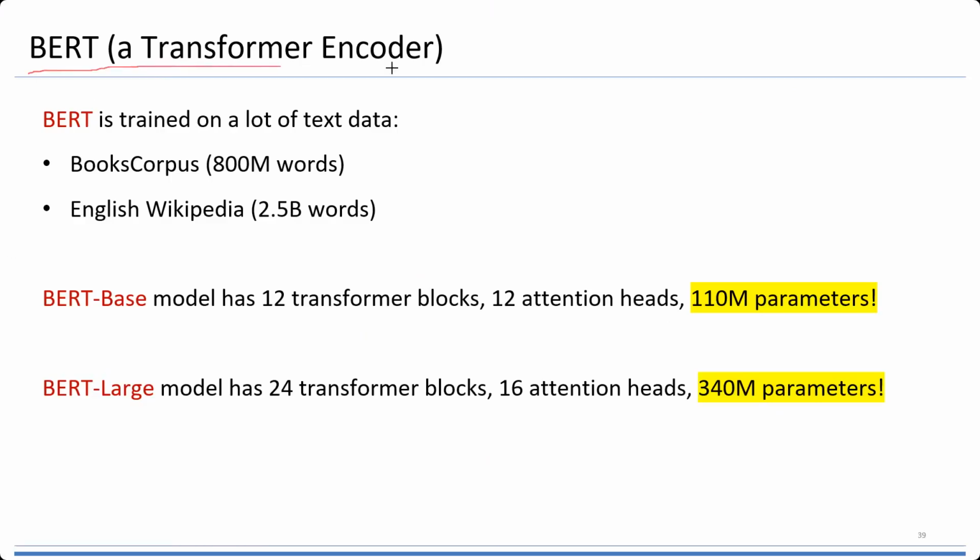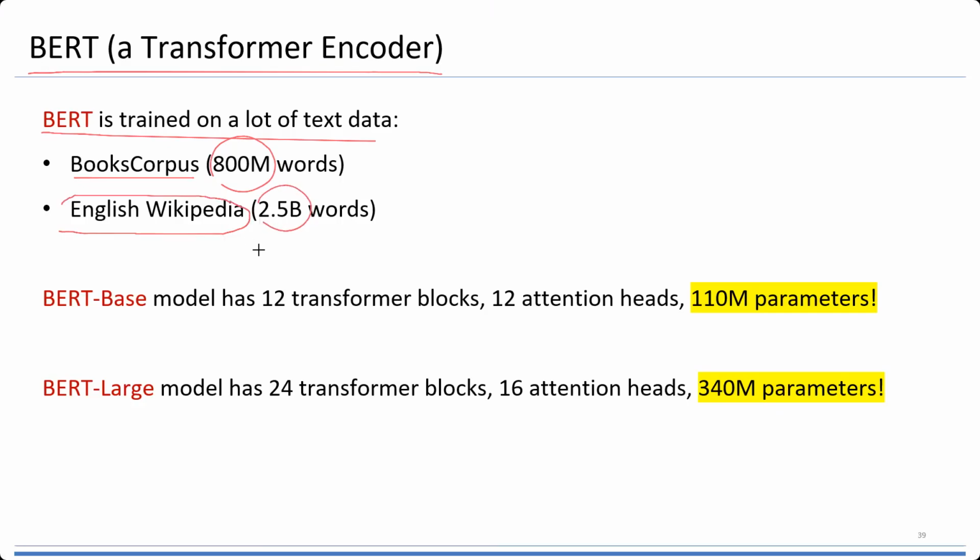BERT is a transformer encoder, so we use the encoder based on the transformer. BERT is trained on a lot of text data. They have the BookCorpus, about 800 million words, and they also use English Wikipedia, which is 2.5 billion words.